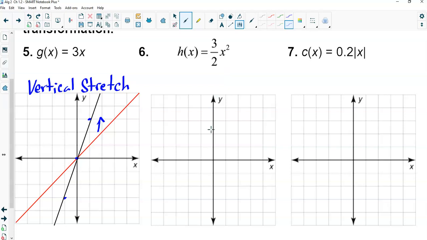Then we have the quadratic. In the quadratic, we have point there, point here, point here, point there, point there. Okay, let's draw it. And this side.